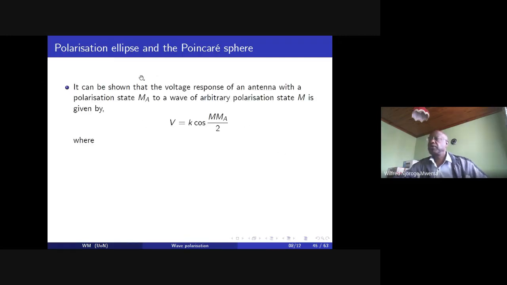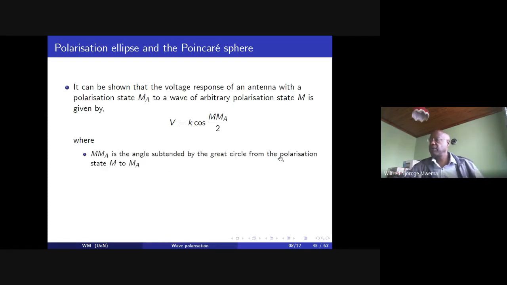So it can be shown that the voltage response of an antenna with a polarization state MA to a wave of arbitrary polarization state M is given by V equal to K multiplied by the cosine of the angle MMA divided by 2, where this is the angle subtended by the great circle from the polarization state M to the polarization state MA.